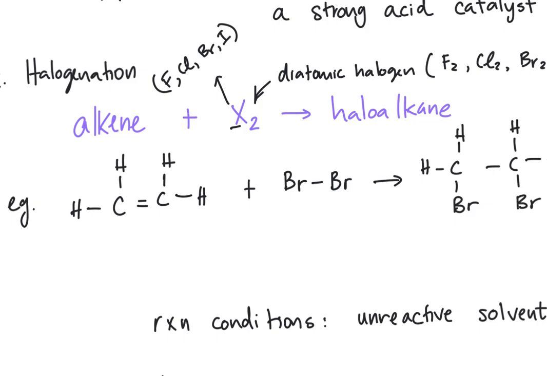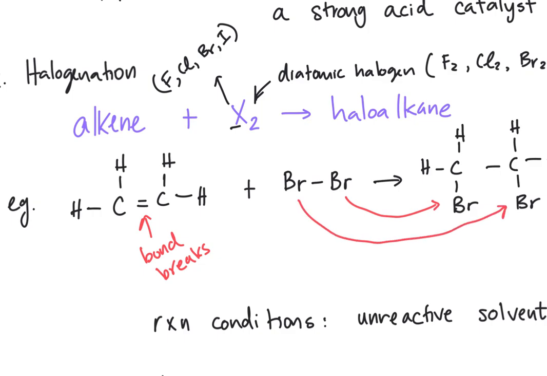So what happens is that this bond here needs to break. So that's what we want to see here. The bond breaks, which gives us the single bond in the haloalkane. And then each Br, where that bond broke, takes that position. So you add an alkene to a diatomic halogen and you'll end up with a haloalkane.